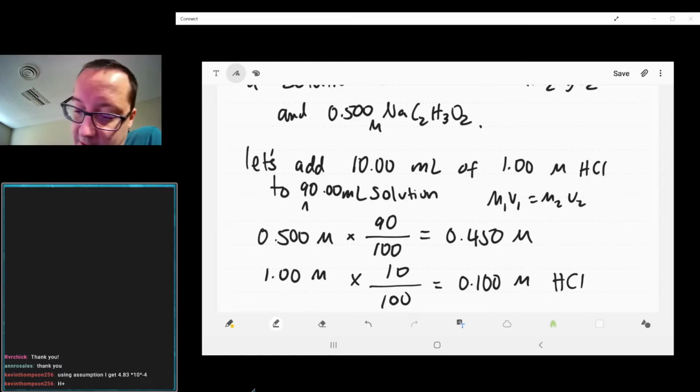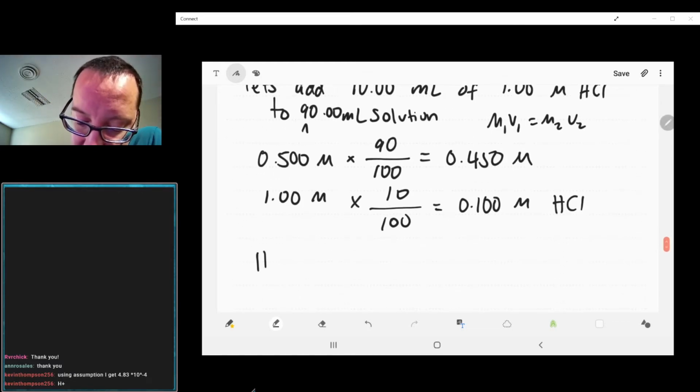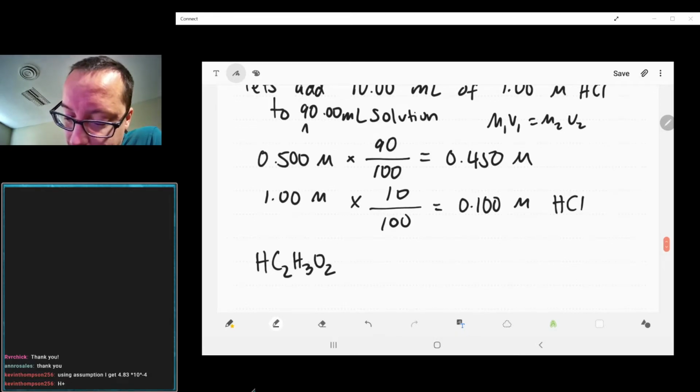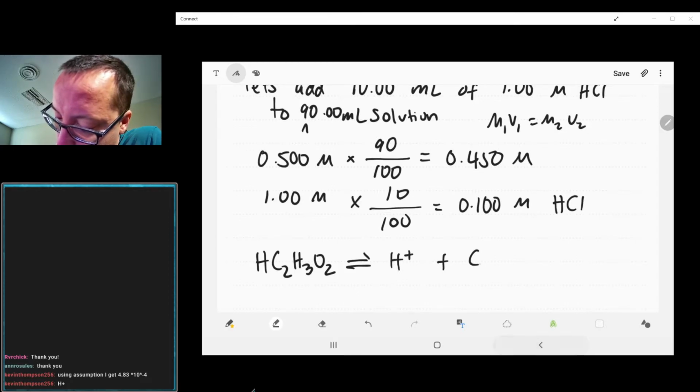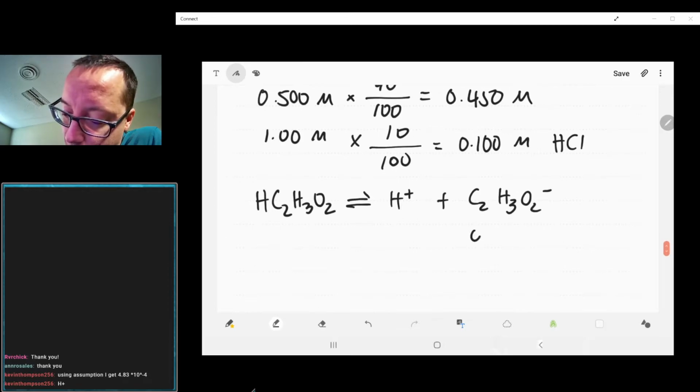So we can see here that if we put our equilibrium up, this is really what we're starting with here.